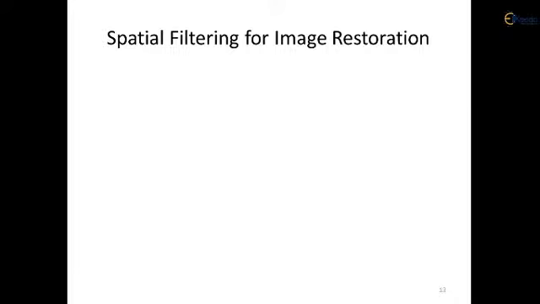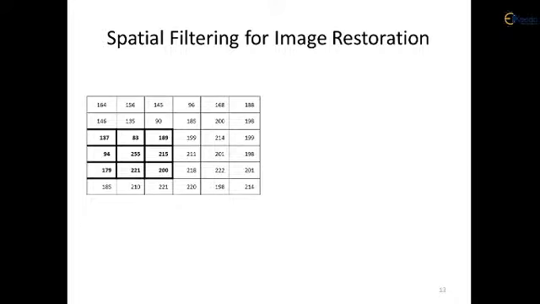For median filtering, we are selecting one example image plane here. In this example image plane, you can see we have 1, 2, 3, 4, 5 and 6 rows and 6 corresponding columns. So we have 6 rows and 6 columns, that is 6 by 6, a total of 36 pixels.